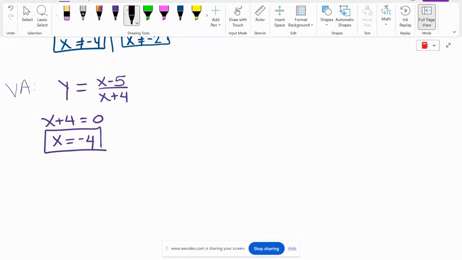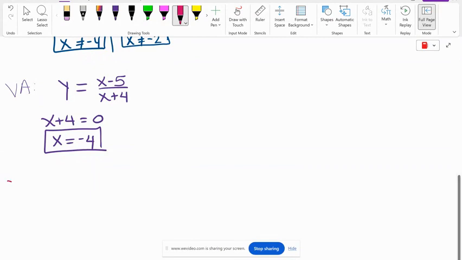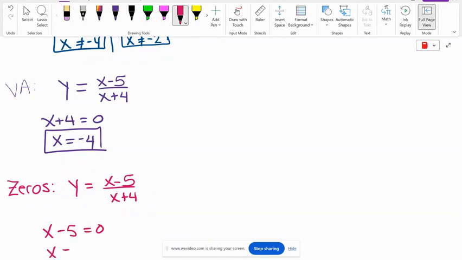Then we will go on to our zeros. And for zeros, we're going to take our simplified, y equals x minus 5 over x plus 4, and this time we're going to set our numerator equal to 0. So we will have a 0 at x equals 5.